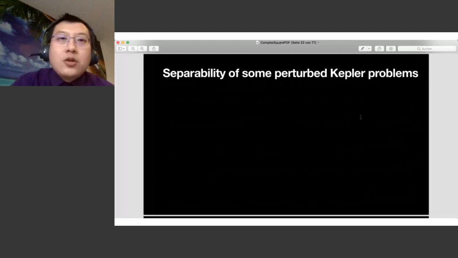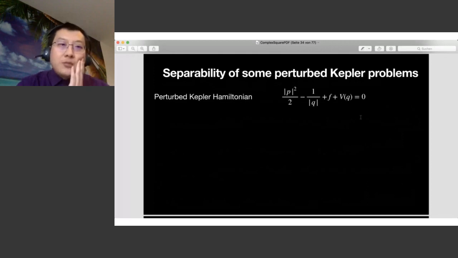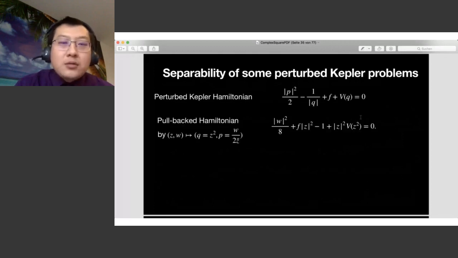And then we may do the same type of thing and look at a slightly different question about the separability of some perturbed Kepler problems. So really we do the same thing. We take this perturbed Kepler Hamiltonian, where the perturbation is V of q, and then we pull back, and we get this Hamiltonian as we have already seen.